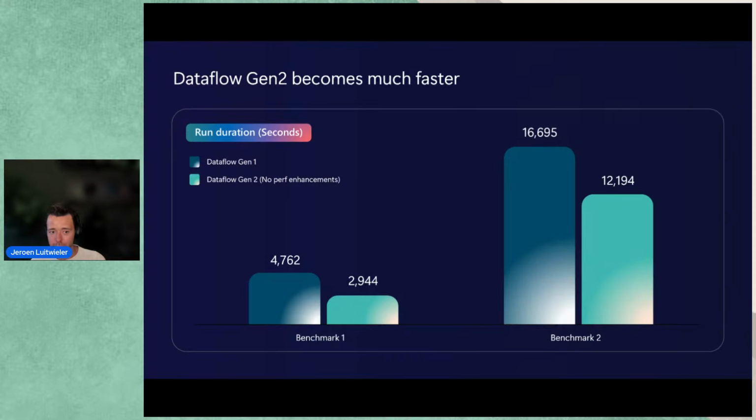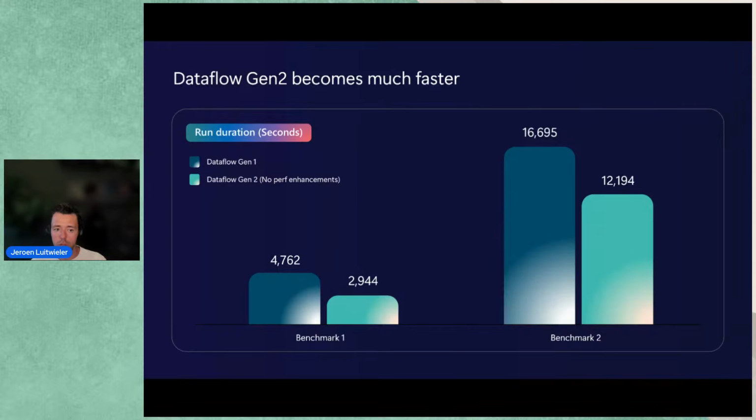And aside from just cutting the cost down by reducing the price per second for those long running data flows to 1.5 CUs, we also have added performance enhancements.